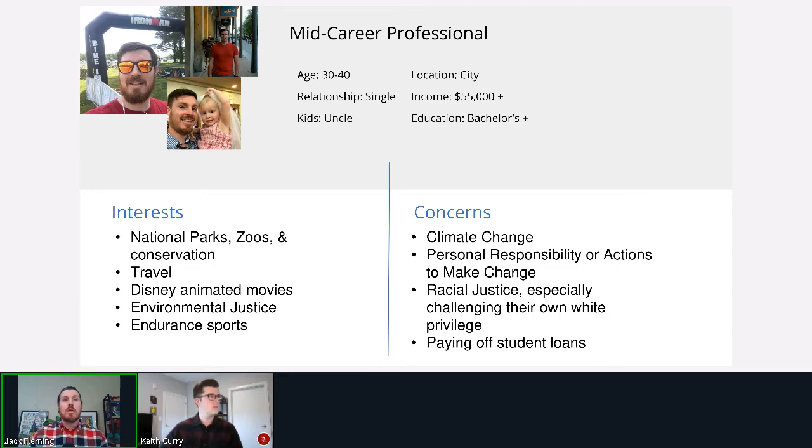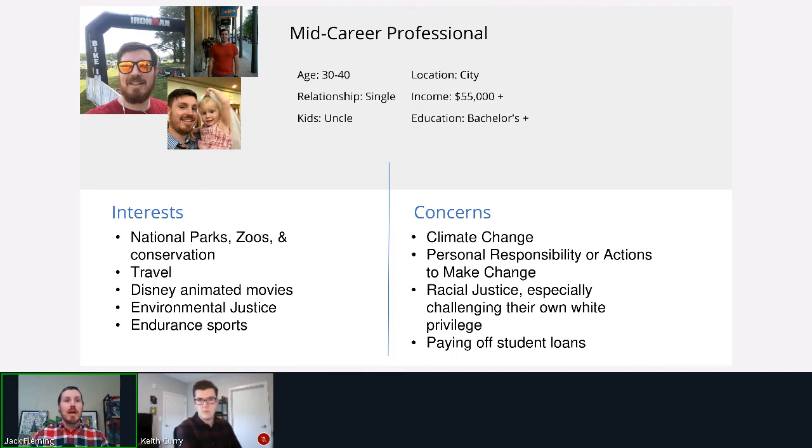We also think this individual, since they're interested in conservation, is probably interested in travel or outdoor activities as a way to find other people. The Disney animated movies, we're putting that in as a proxy to identify the uncles or aunts in this group. But family-centered media, or media that is perceived to be family-centered.